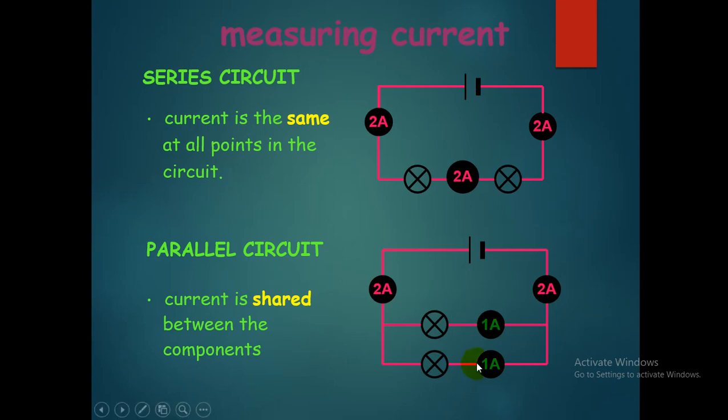Thereby, these two are going to consume the same amount of current, 1 amp and 1 amp. When you apply KCL here, we can get the idea that the 2 amp is going to be divided into 1 amp and 1 amp, and this 2 amp is coming back to the battery.